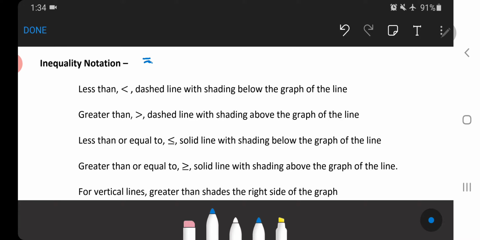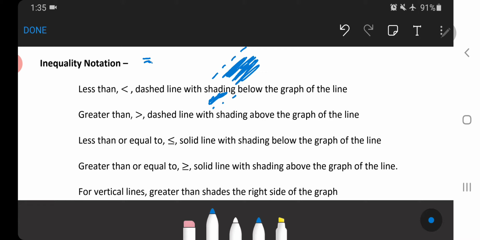If we're looking at graphs, it's going to be a dashed line with shading below the graph of the line. So what that means is a dashed line, it's going to look something like a line that does this, and the shading is below the line. Greater than, the alligator mouth is open towards, once again, a dashed line, something like that, with the shading above.